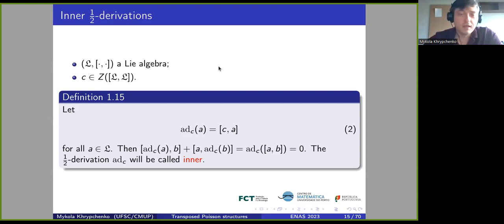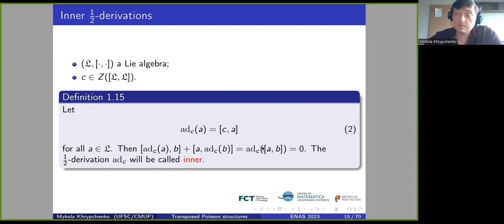So if you have an element C on the center of the square of the Lie algebra, then you can consider the associated inner derivation. So C is fixed, and it takes on A just the bracket with C. Since C belongs to the center of the square, this map acts on the square brackets trivially, so it gives 0.